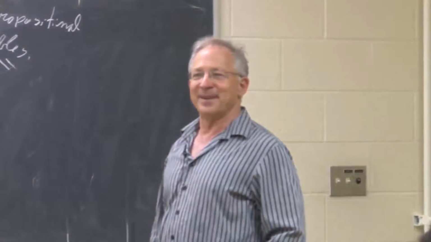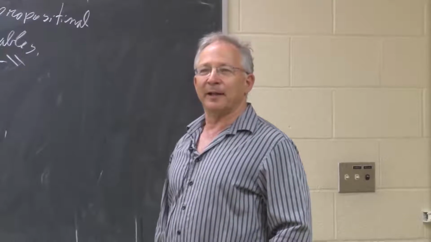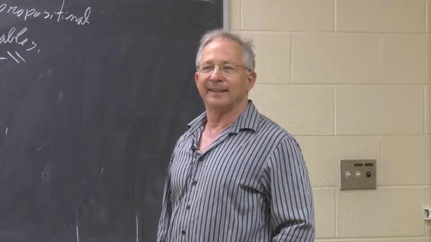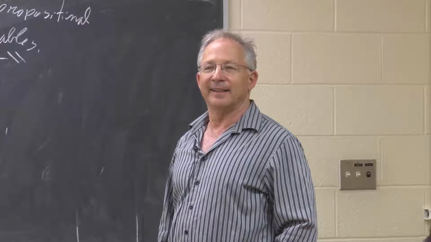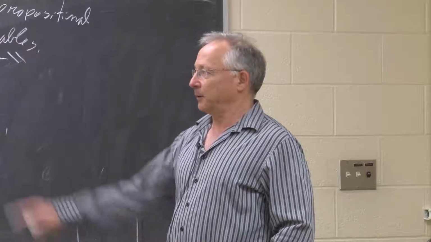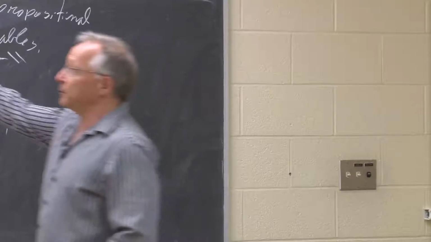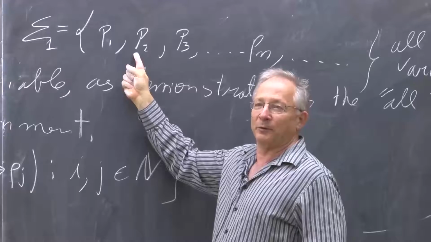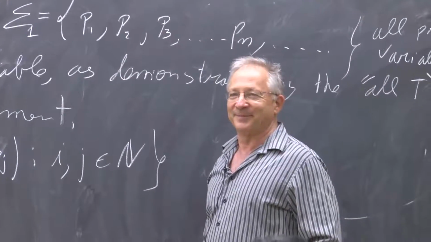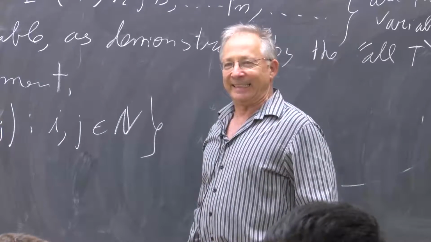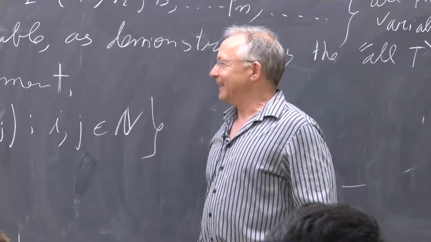Do you like this set better? No. Why not? So how do I show that this is satisfiable? Basically, what I was thinking is that maybe we have an infinite set of formulas that are not logically equivalent. Your set, they are logically equivalent. No, let's say P1 is not logically equivalent to P2. I think he's thinking that they are similar in their syntax, that they're all similar variables.